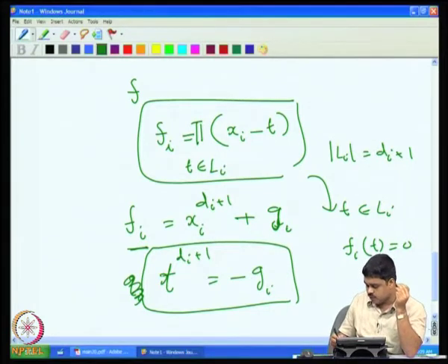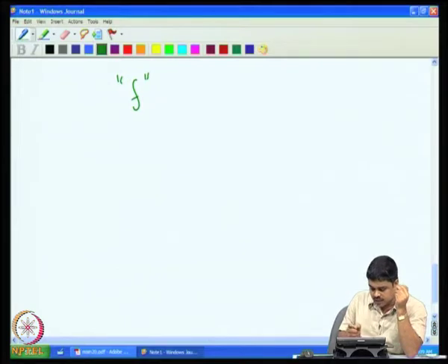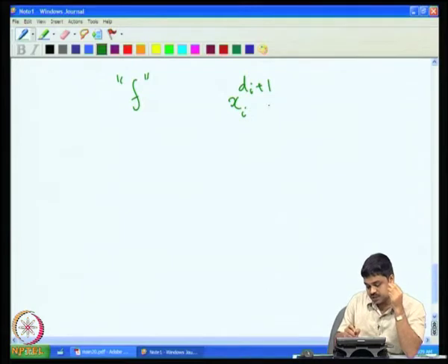Now, what will we do? We will consider the polynomial f, and whenever we see some xi raised to di plus 1, it can be written as xi raised to di plus 1 into xi raised to something else, some smaller term.